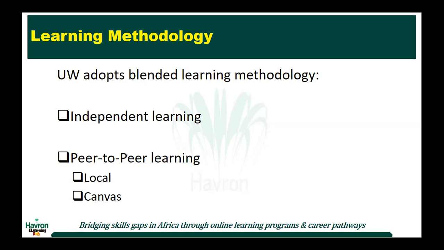And at that Canvas level, you may be in the same group with people from different countries. So the questions will be asked there, and your responses will also let others know what applies to you in your local setting. And that is the peer-to-peer learning. The same thing happens at this level. Next slide.